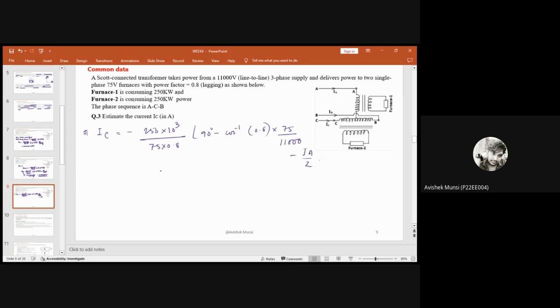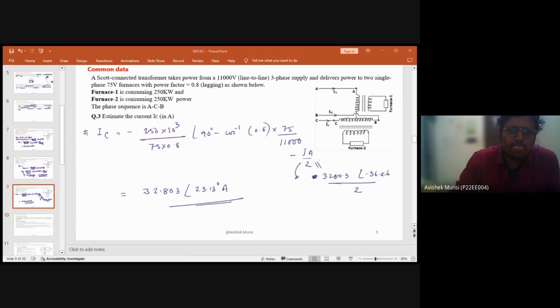If we are applying KCL, in case of IA you have to put the values of IA, which we calculated as 32.803 at an angle of minus 36.865. Just replace this with this, not minus. Minus is here. If you solve it, it will also be 32.803 at an angle of 23.1. Only the angle will change, the magnitude will remain more or less the same. So this is how we are going to solve the spot transformer questions.